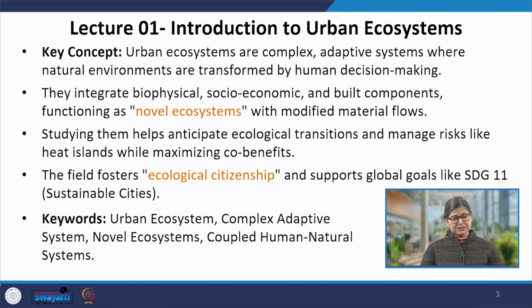These urban ecosystems integrate biophysical, socio-economic and built components, functioning as novel ecosystems with modified materials flow, metabolism, if you remember. Studying them helps anticipate ecological transitions and manage risks like heat islands while maximizing the co-benefits. The field fosters ecological citizenship and supports global goals like SDG 11, that's sustainable cities. Keywords of this lecture were urban ecosystem, complex adaptive systems, novel ecosystem, coupled human-natural system.